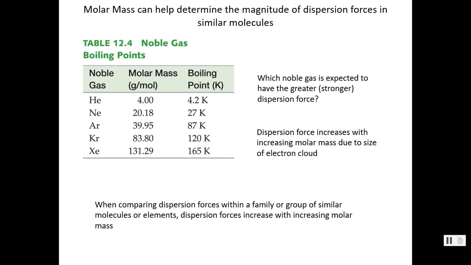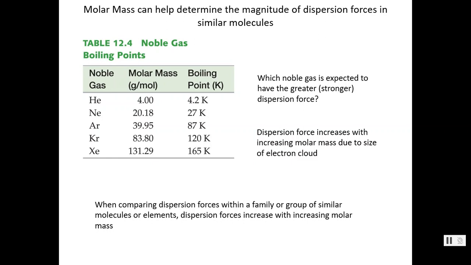So the take-home message from this is when comparing molecules within a family, like noble gases, or group, like halogens or chalcogens, when comparing molecules of similar groups, dispersion forces increase with increasing molar mass.